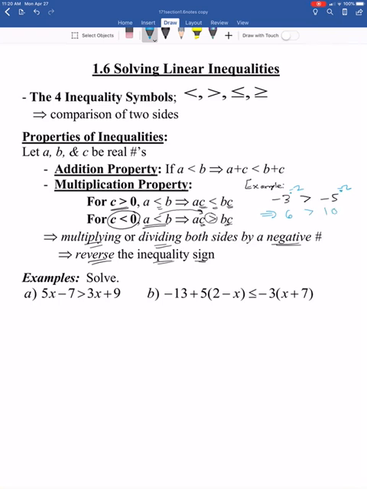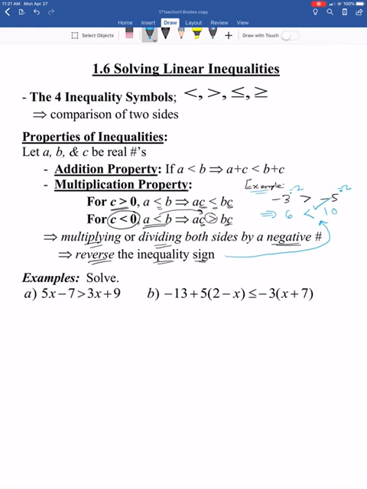Well, 6 is not greater than 10. It's not true. You have to flip it. So anytime you multiply or divide by a negative, you need to remember to reverse that inequality symbol. So again, reverse the inequality symbol when you're dealing with a negative number. So as an example of that.